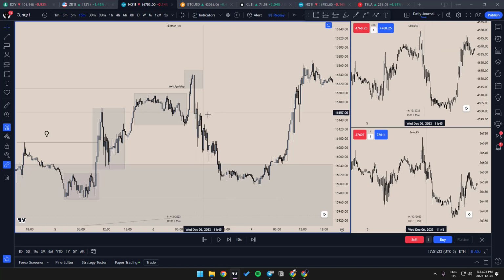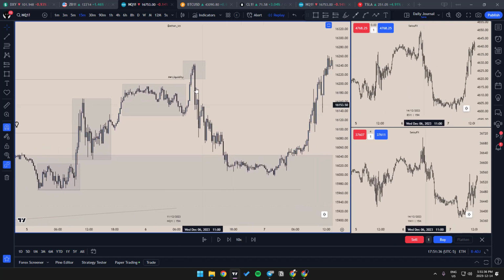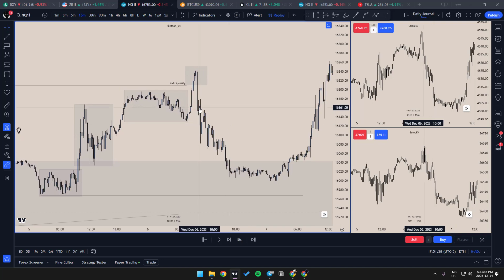When you're looking for that silver bullet setup, what it really is, is the second stage of distribution in a market maker model. In this case, it's not the most perfect example because it's not between 10 and 11. But I believe there's a second time window, 2 to 3, where you have a silver bullet sell right here between 2 and 3.